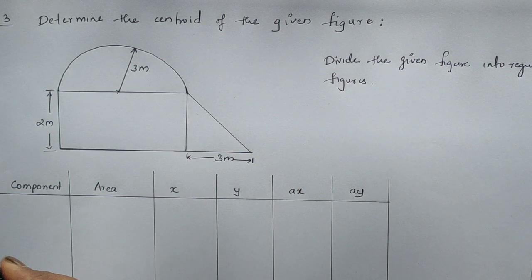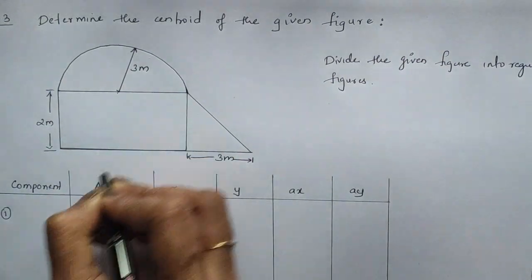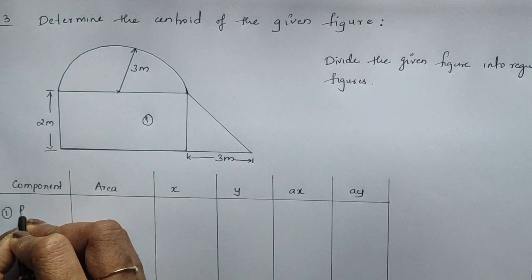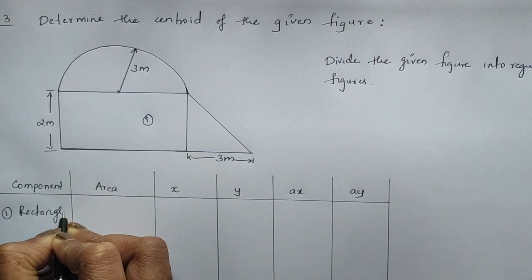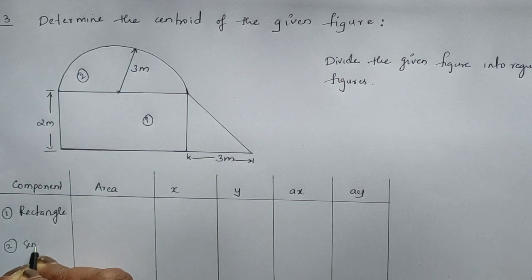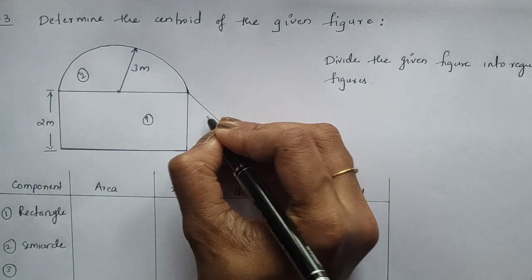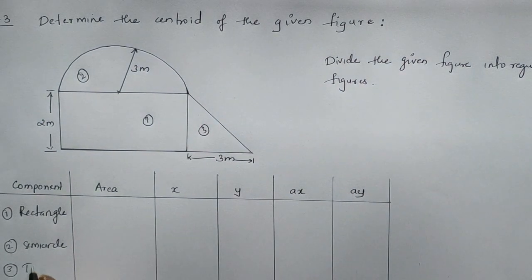So here we can divide into three components. First component, I'll mark this one, that is rectangle. Second component, I'll mark this second, semicircle. And the third component you have here is triangle, so I'll mark it 3.